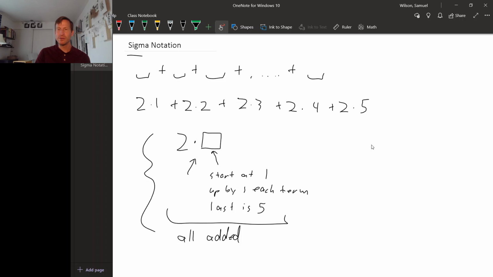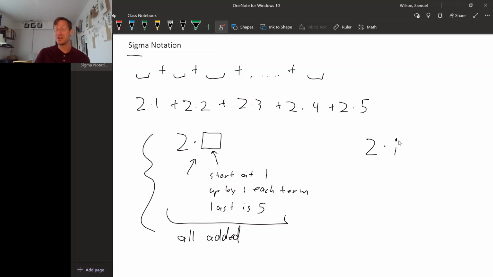Our pattern, we're going to write like this: 2 times, instead of having a box, a variable. We could use any variable, x or n or i. I'm going to use i. i is a traditional variable to use in this kind of context. n is another common choice.